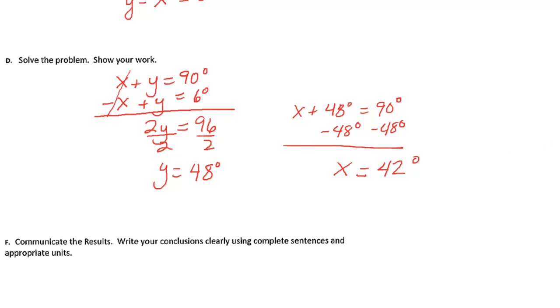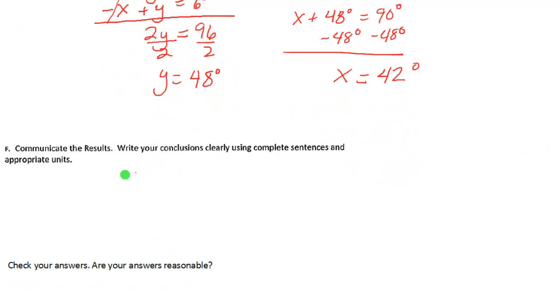And so the conclusion is that the two angles are 42 degrees and 48 degrees. And are the answers reasonable? Yes, these two angles add up to 90, and this large angle minus this small one does give us 6 degrees. So this checks.